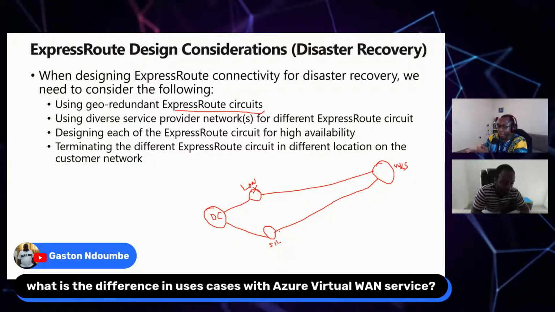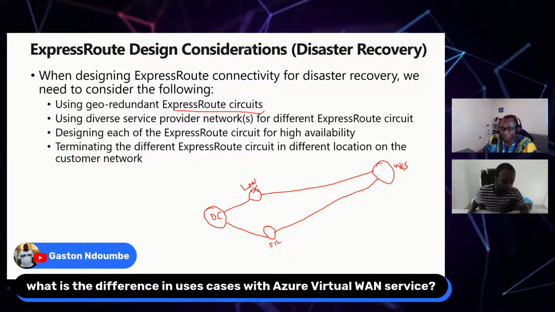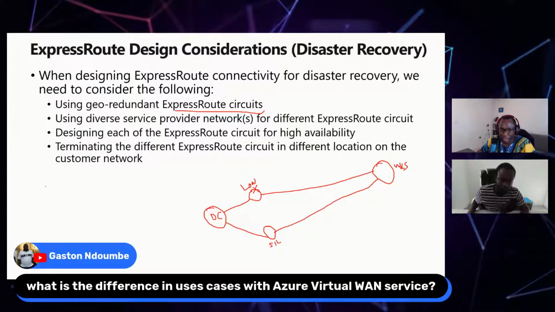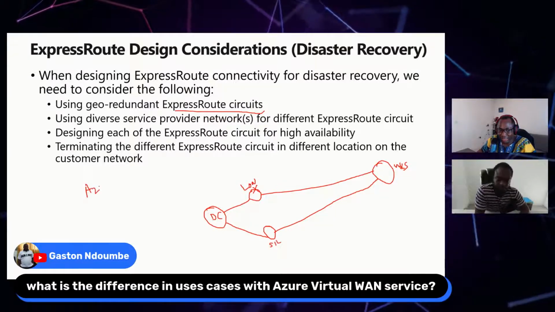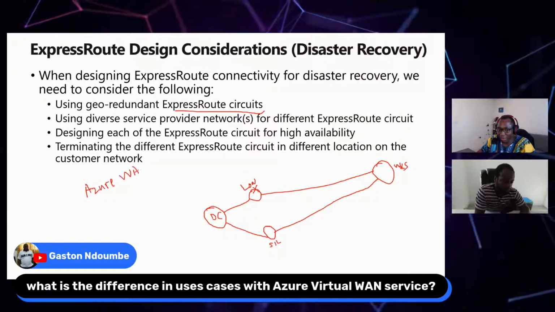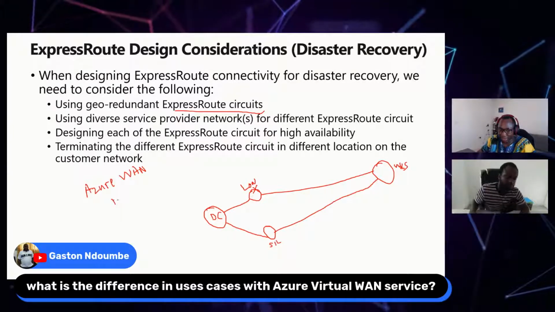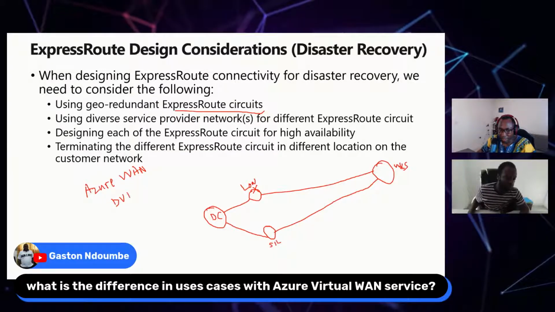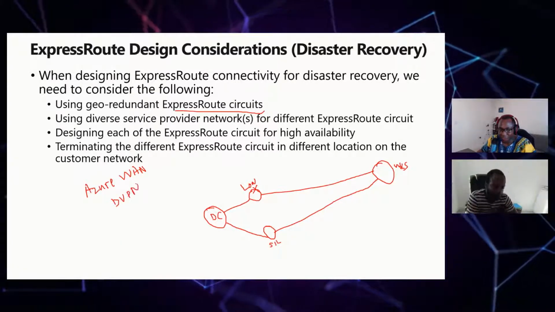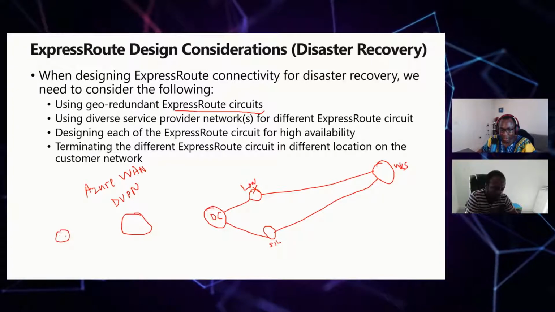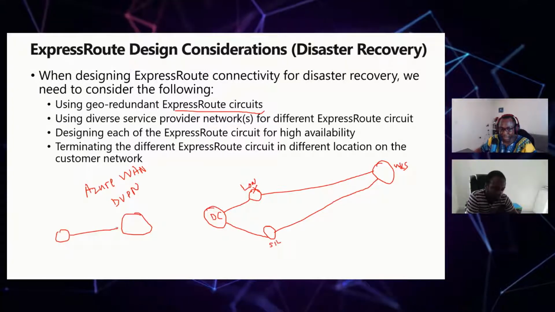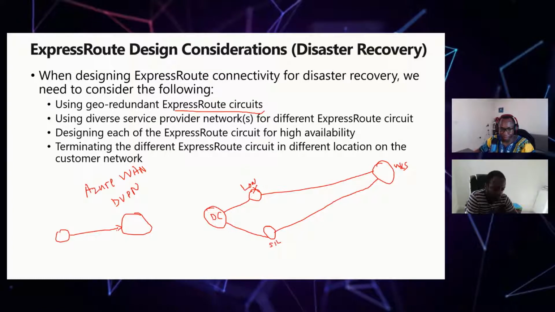Good question. Azure Virtual WAN, essentially, is dynamic VPN. That is what Azure Virtual WAN is. What that means is you have this VPN service where I can have my site over here connect using IPsec VPN to this Azure Virtual WAN service.